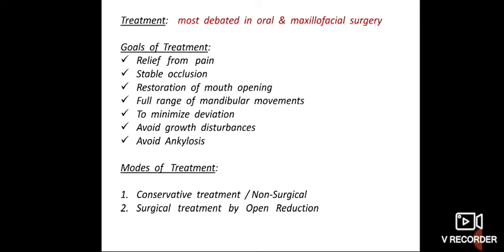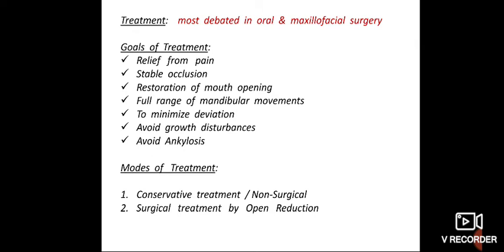You need to get a stable occlusion post-treatment, and restoration of the mouth opening to the nearest possible mouth opening. Imagine 40 to 45 millimeters is the normal range; at least you should get somewhere about 35. A full range of mandibular movements, all excursion, protrusion, retrusion, and minimal deviation while opening the mouth.